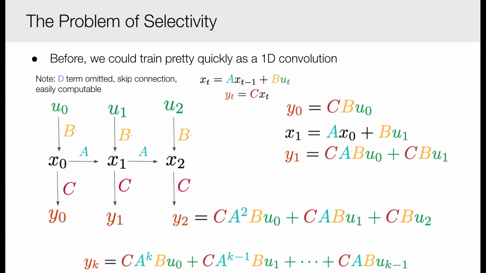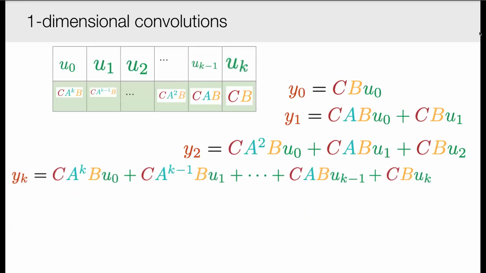You could take your parameters A, B, C, and D, and as your hidden state changes over time from x0 to x2 and so on, you can write this as a one-dimensional convolution to find yk. Originally you were multiplying from x0 all the way to xk, turning this into a massive multiplication with A as your recurrent parameter. What you can do instead is a one-dimensional convolution on this, where you take the stuff in green and slide it one by one.